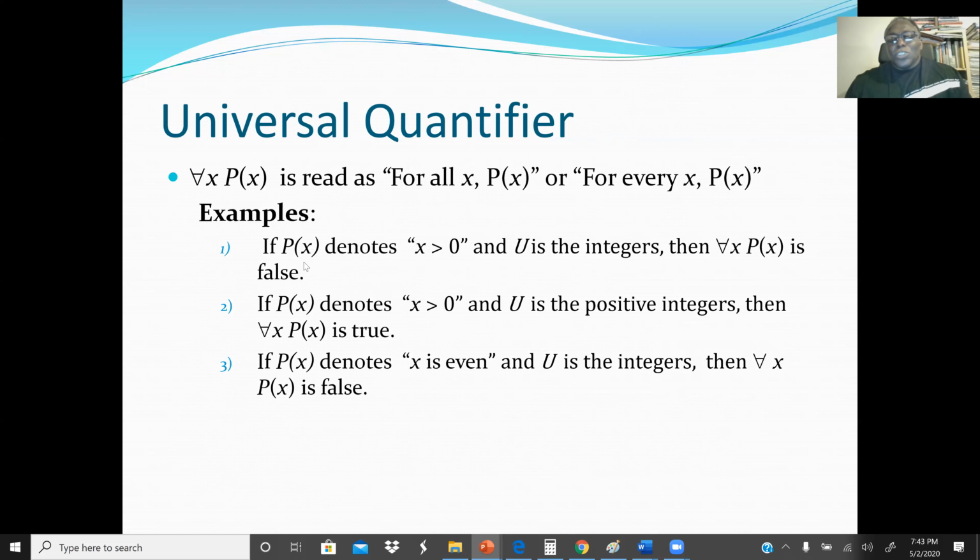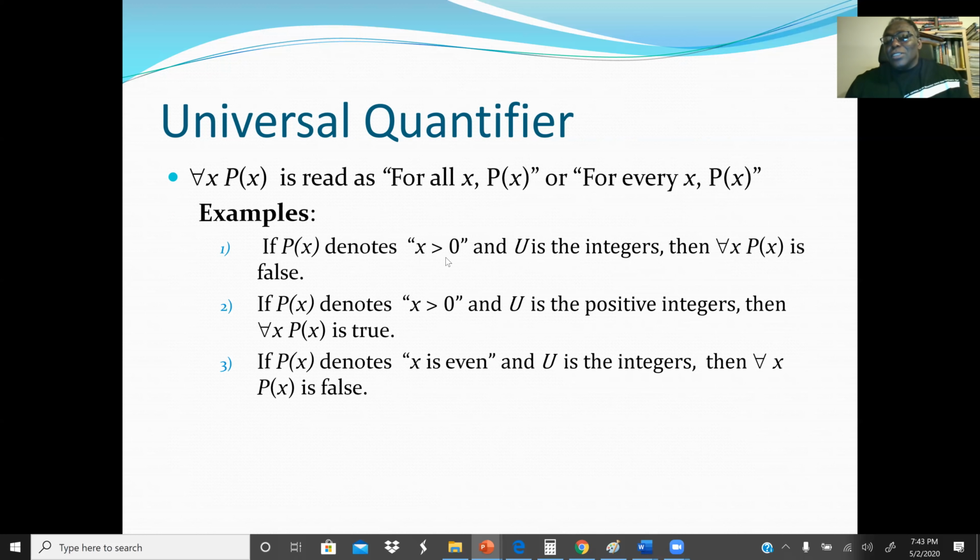So this is the first example. If P(x) denotes that x is greater than 0, this means all the values of x are positive, from 1 to 3 positive. U is the integers. Then ∀x P(x) is false, because why?